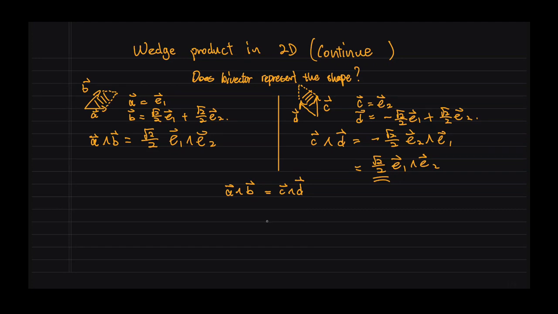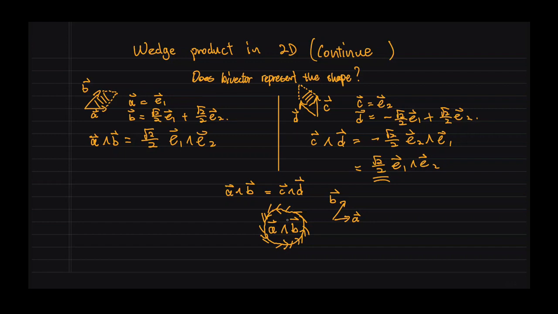So a more correct way to think about this bivector is: let's say A wedge B, where A is like this and B is like this. What A wedge B represents is a surface patch oriented in this direction, and the shape is deformable.